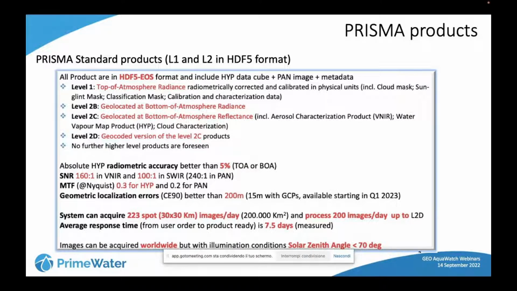The users can choose across 4 levels of products. Basically, we do have the top of atmosphere radiances, which are the level 1 products, and then a series of level 2 products, which are basically the bottom of atmosphere radiances.